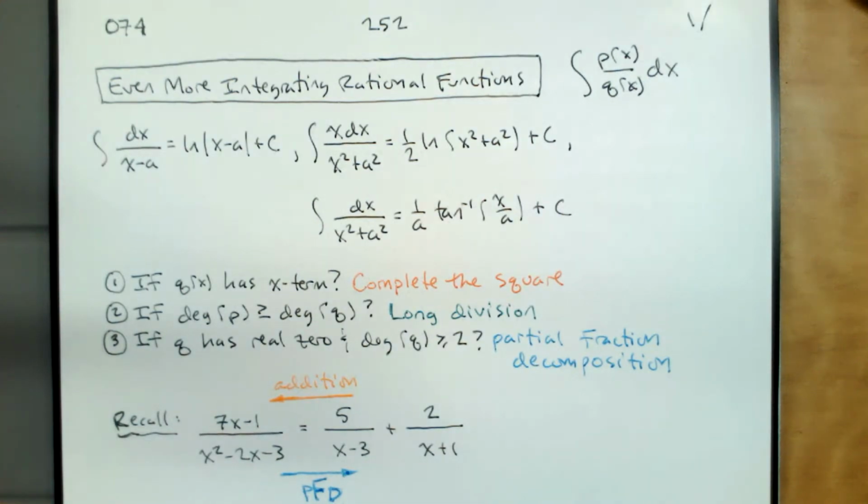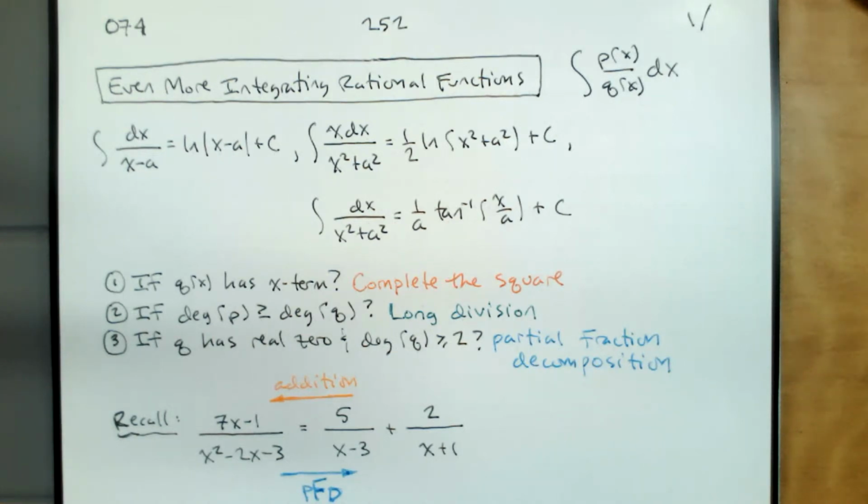So we use long division to rewrite our improper fraction as a mixed number, and then we'll have to integrate the remainder as an integral of a rational function. But then there'll be that whole number part, which will be just a polynomial. So we'll get a polynomial plus a rational function where the degree of the numerator is less than that of the denominator.